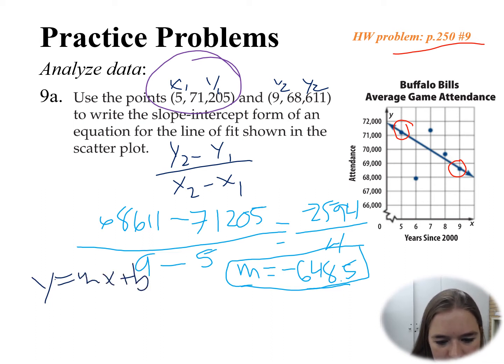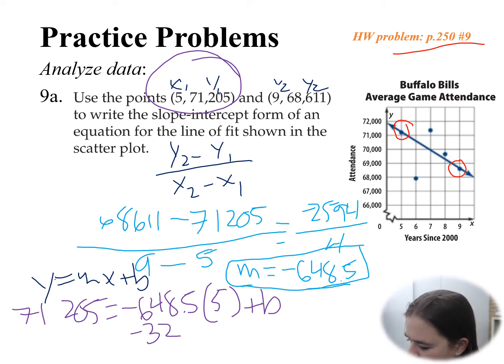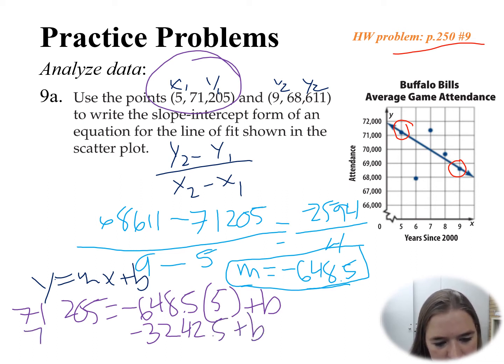Using what I know, I have a y value of 71,205 equals my slope of negative 648.5 times my x value of 5 plus my unknown piece. Well, negative 648.5 times 5 is a negative 3,242.5 plus b equals this 71,205.